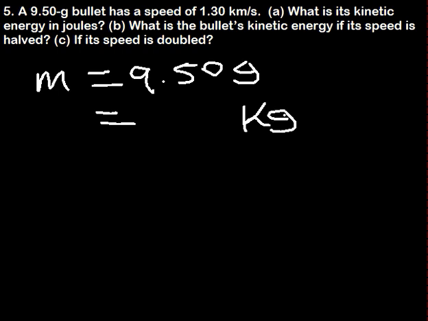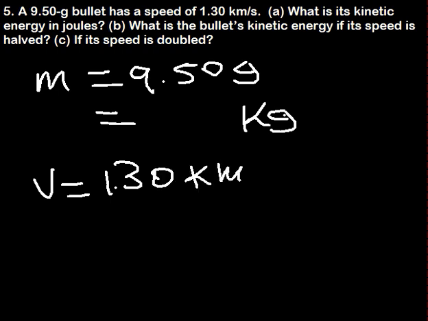And the speed is given as 1.30 kilometers per second. And the thing is that we are not being told anything to do with the change in the speed. Literally, this is the speed at which the object is moving. It can be at a constant speed.